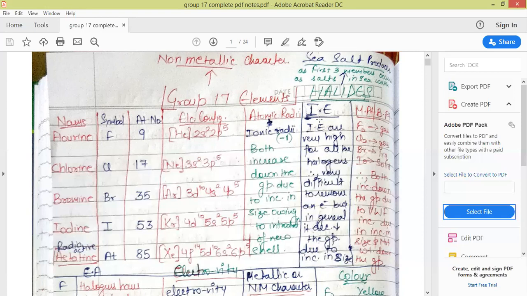Next is the melting points and boiling points. Let us first know the physical state of these halogens. Fluorine exists as gas, chlorine exists as gas, bromine exists as liquid, while iodine exists as solid. So intermolecular forces, as we can see, increase as we move down the group from fluorine to iodine.